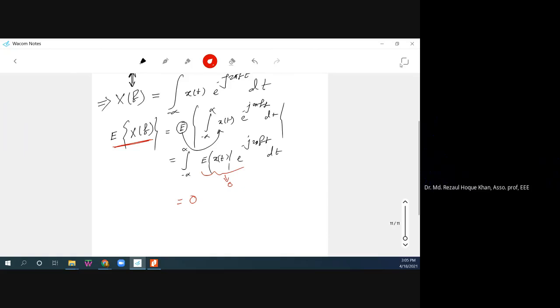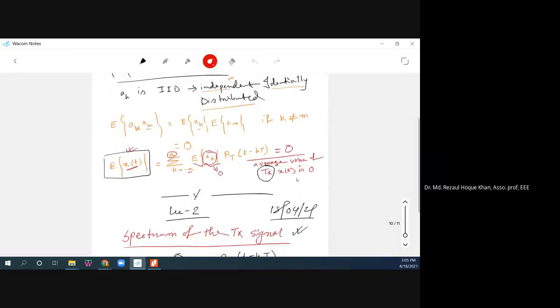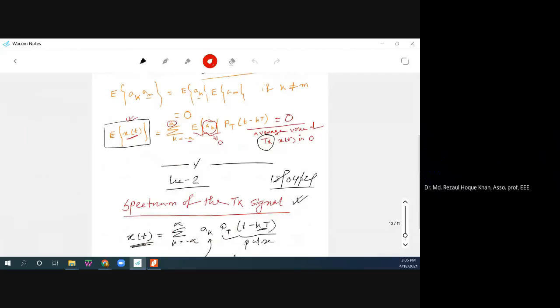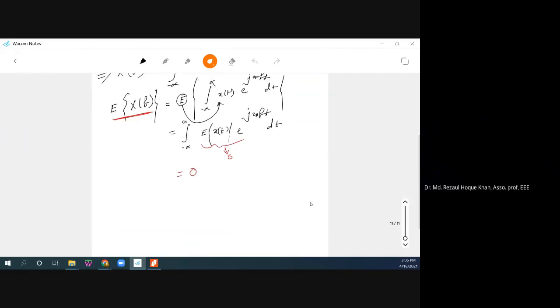The average value of the previous case, this one, is understandable: the average value of the transmitted signal is 0. Now the expected value of the spectrum is also 0. How come? Very surprising result.